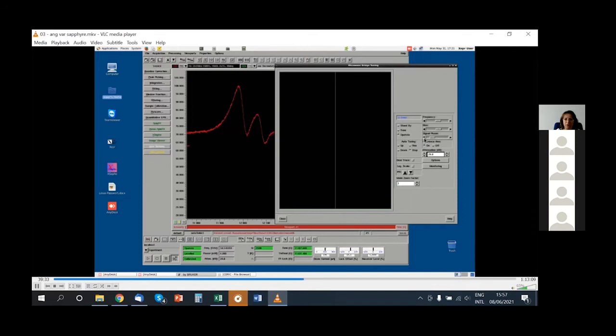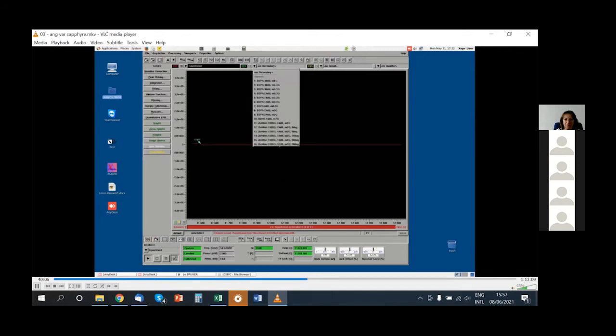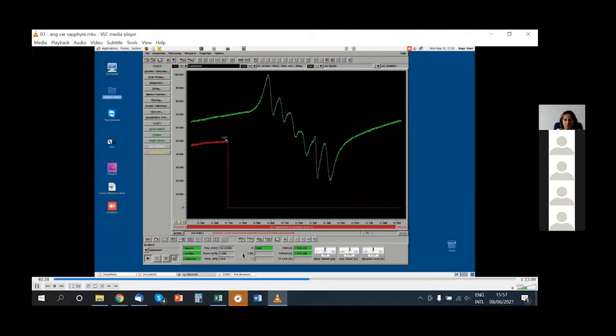Again, tuning and recording. I started the measurements with the thin film plane parallel to the magnetic field orientation, and now I'm rotating to have the thin film plane perpendicular to the magnetic field orientation.